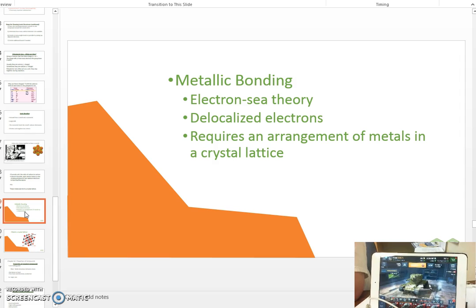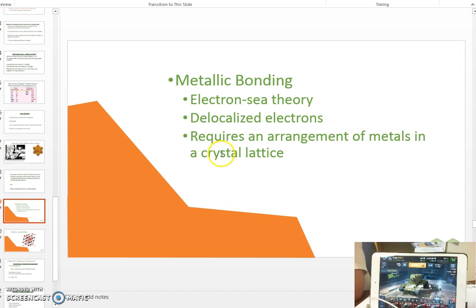They're kind of floating around a bit. And this is what allows metals to shine. Because of those extra electrons, it also allows the metals to conduct electricity. This electron sea theory is the best explanation we can come up with at the moment.